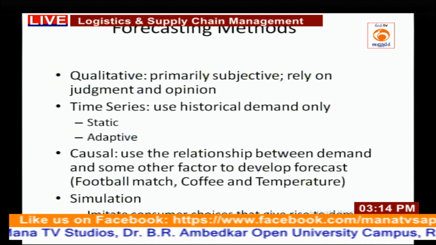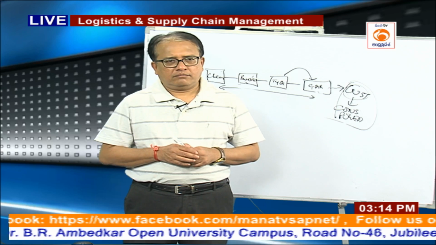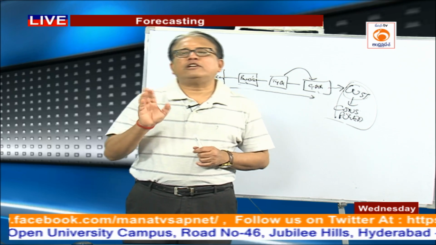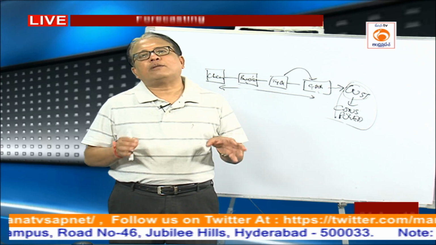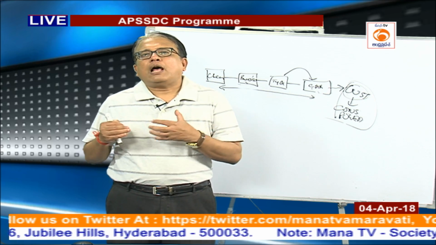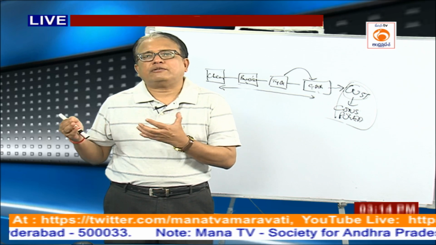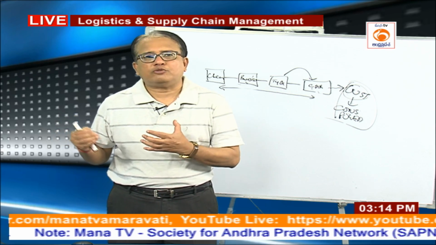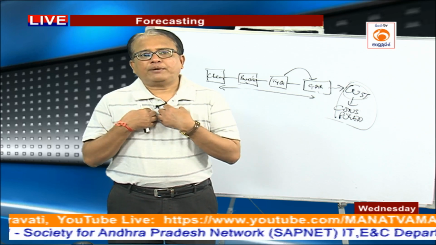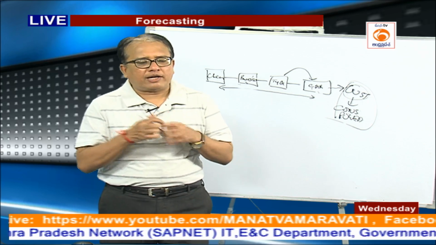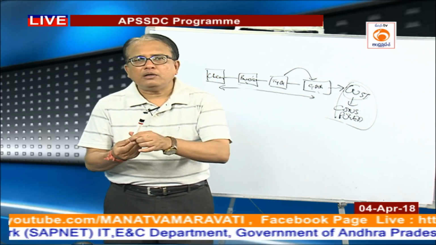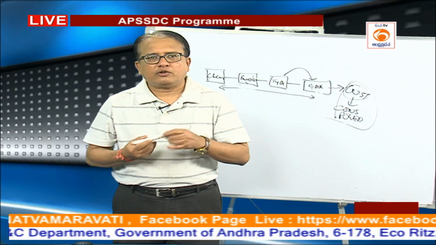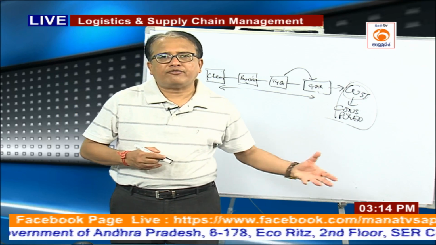Now, when I say qualitative, it does not depend upon any historical data or a particular data. It depends upon how a customer feels, what is the judgment of a customer, what is the opinion of a consumer. My forecast of my product will depend upon the opinion of a customer, not based on certain figures.